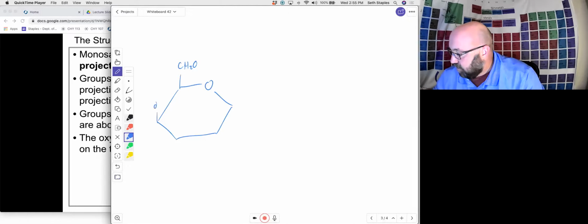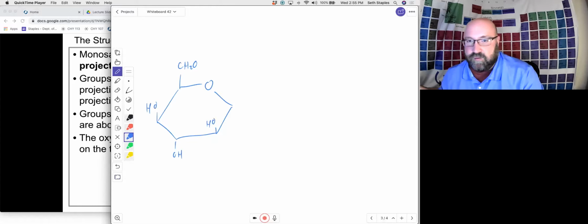Again, remember this, one of the defining aspects of saccharides is that there's going to be OHs hanging off each and every carbon. If we're trying to determine alpha or beta, we need to look at this one right here. If our OH is below the ring, that's our alpha version.